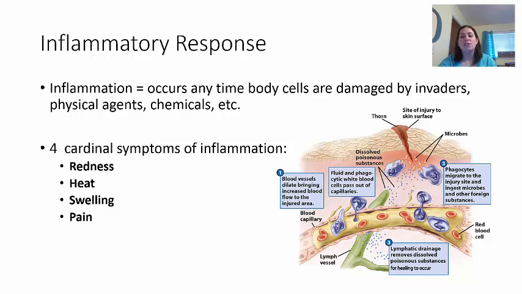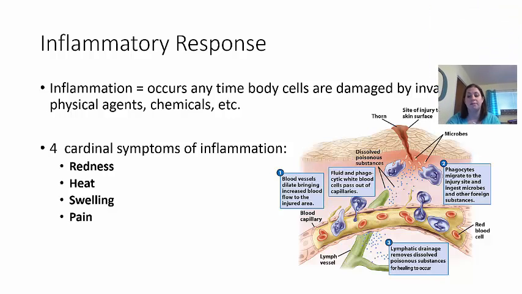These chemicals also cause the blood vessel to start to leak. When they start to leak, we see plasma come out. That causes swelling because we have accumulation of fluid in the area, which causes the edema or swelling. When that takes place, it puts pressure on our nociceptors, which are our pain nerves, and you have pain that comes along with it. So these are the 4 cardinal signs of inflammation.